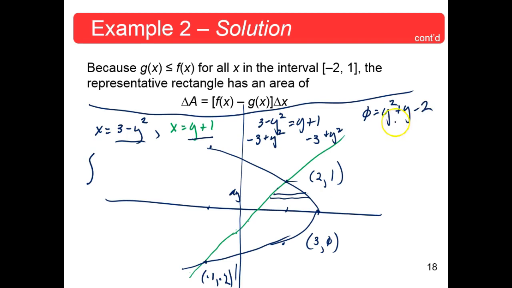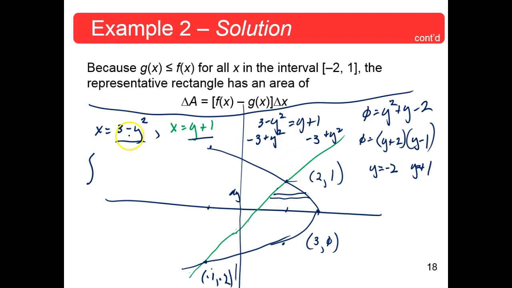And what are your points of intersection? Yeah, y plus 2, y minus 1. So y is equal to negative 2, that's that one. And y is equal to plus 1, and that's that one.